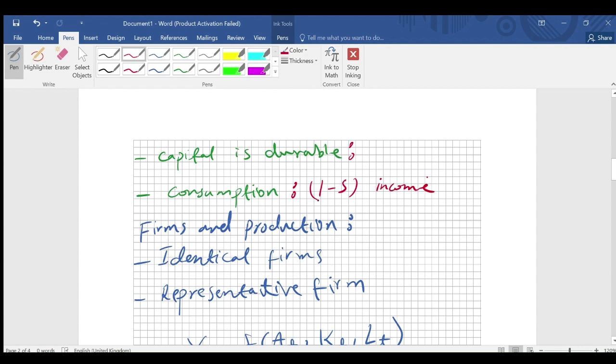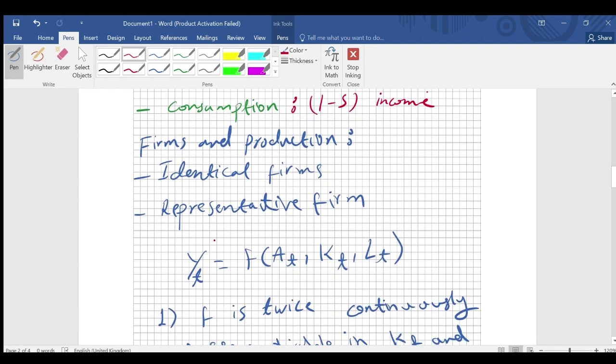So if her income is 1, she saves the fraction s and consumes the fraction 1 minus s. Let's say that this representative household's income is $1,500 per month. So she will spend 1,000 and save another 500.